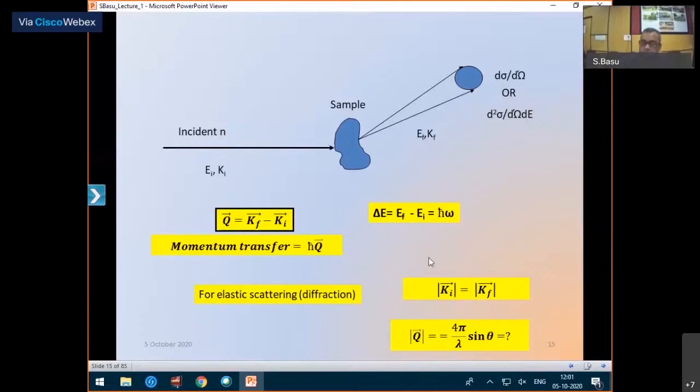The wave vector transfer is given by q equal to 4 pi by lambda sine theta. I have put a question mark here because I'll leave it to you: for a crystal, for an ordered atomic system, what this q should be, we all know. I'll come to it later.